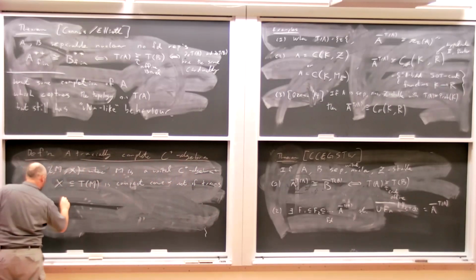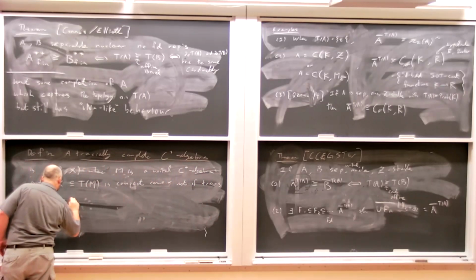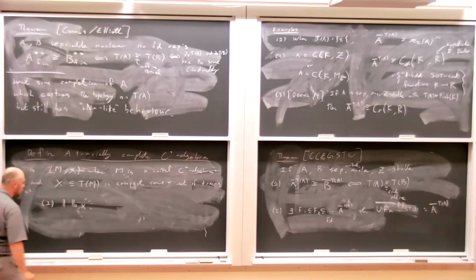I define the 2,X norm by just sweeping over X instead of all traces.